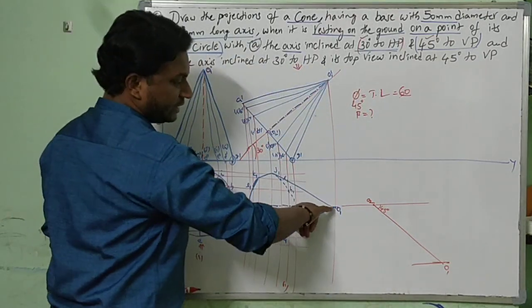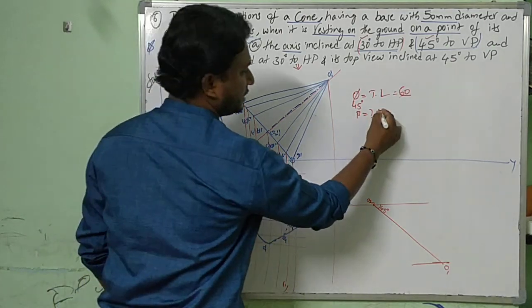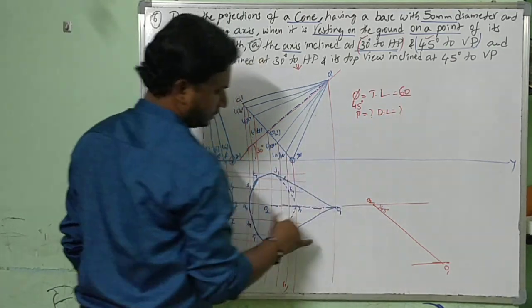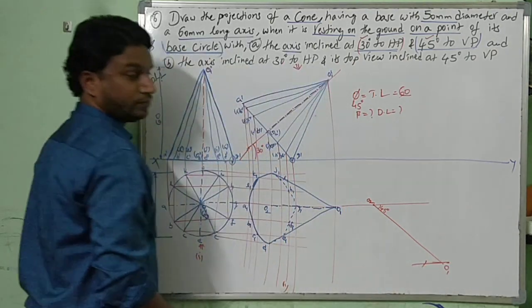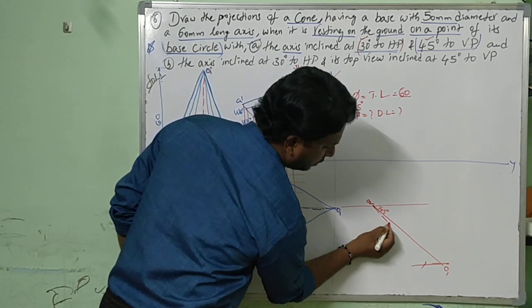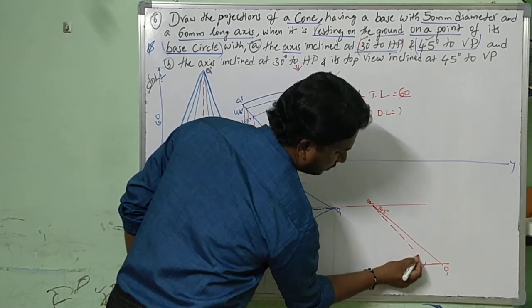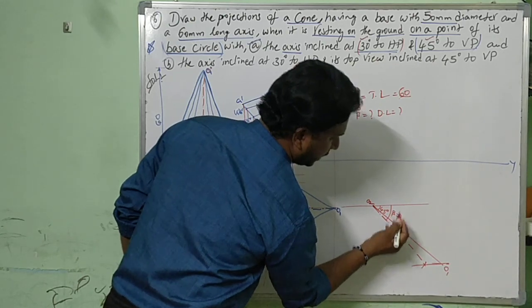Now, measure this O2, O1, which is the diminishing length, right? Measure it. O2, O1. Now from here, O2, O1, cut it. Now this is actually our axis line, which determines angle beta.